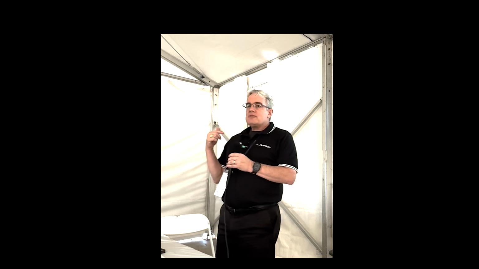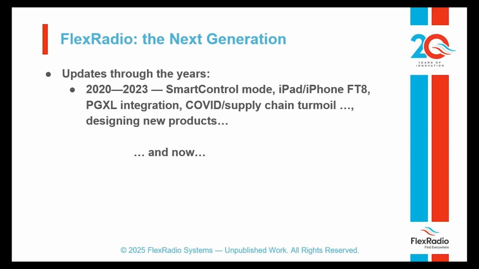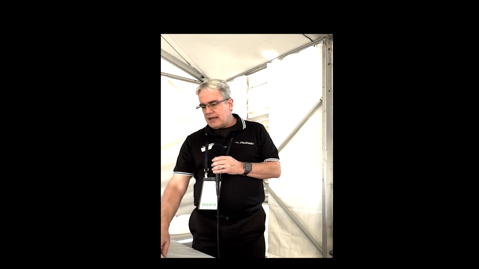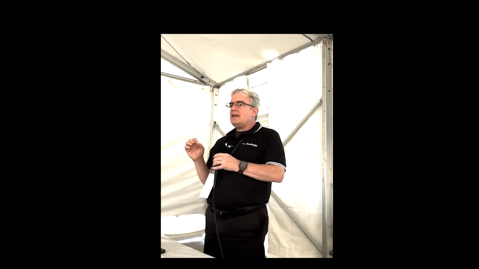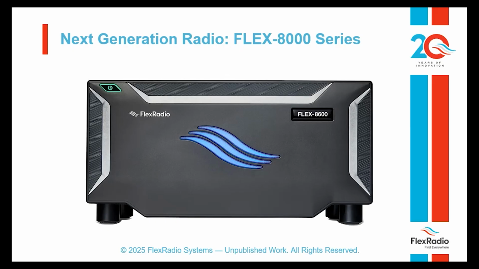One of the things that happened as we added all those features over the years is that we ran out of space in the Flex 6000 to add more features. At the time when we built the radio, we built it with a lot of extra space in it, but we filled that up over the next 10 years. So what we've done now is to introduce the Flex 8000 series. The main things we've done with it: we added about 4 times the processing power.